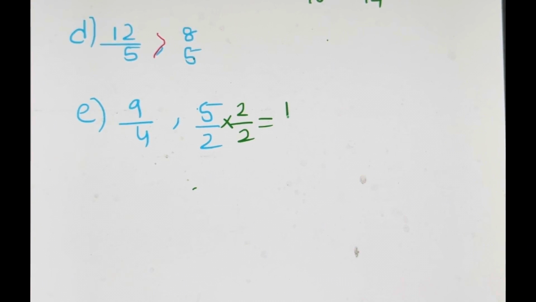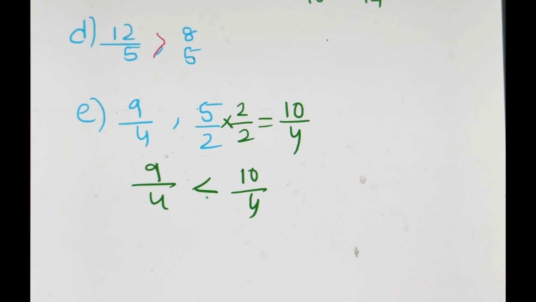Why? Because this becomes 10 upon 4 then. So now the denominator is same, 9 upon 4, and this becomes 10 upon 4. So then you can easily compare. Again here you need not find out the LCM. So in very rare cases you need to find out LCM if you are able to apply such tricks.